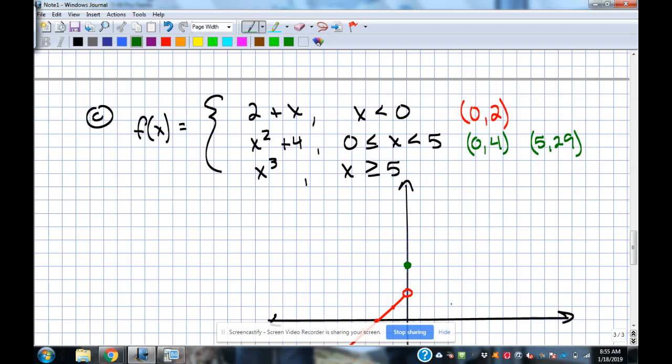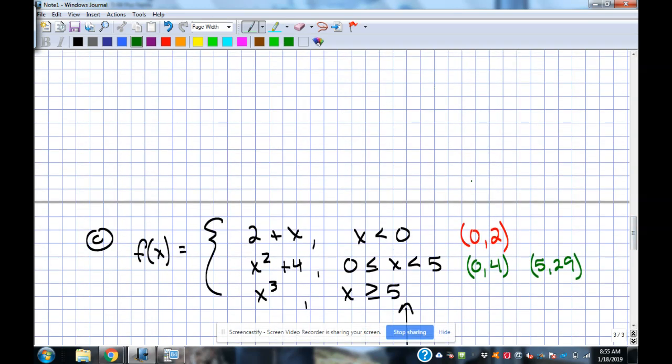So if I go to 5, 1, 2, that's way up here. Open circle on that.